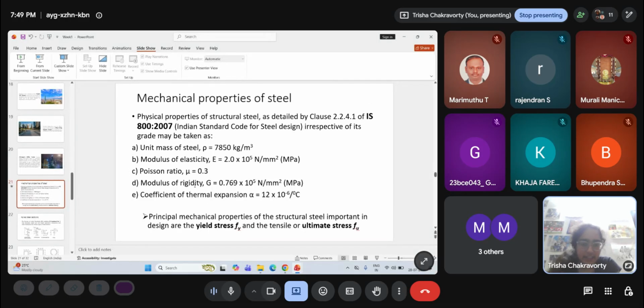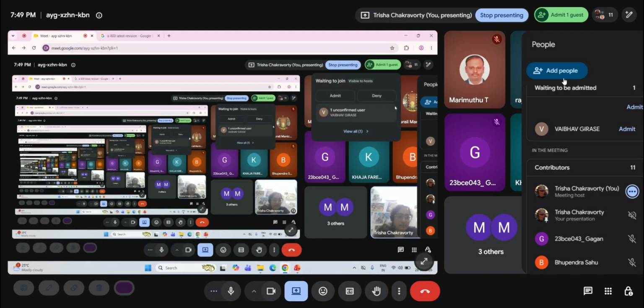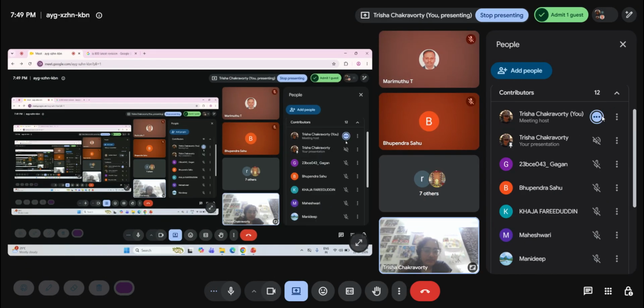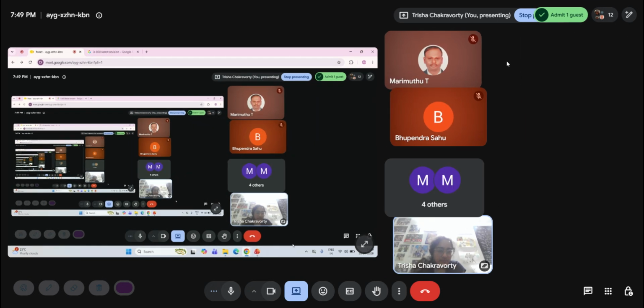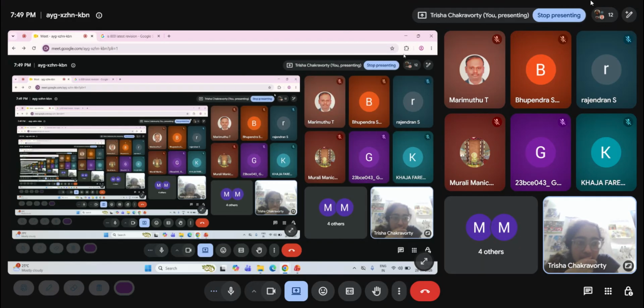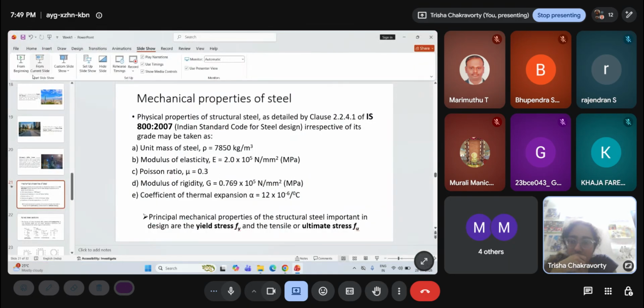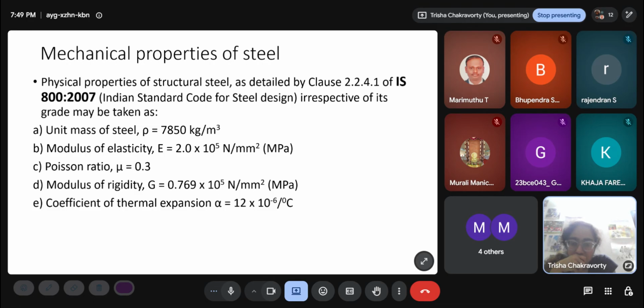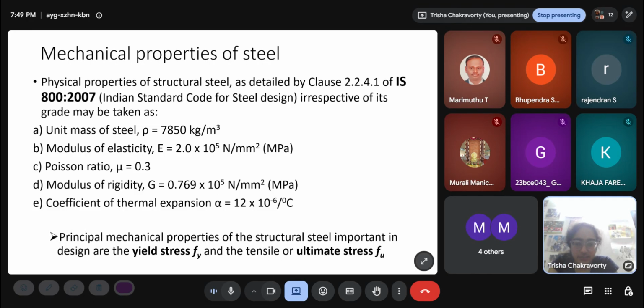Strain is delta L by L. That's why we need the alpha to find out the thermal strain developed in the structure.